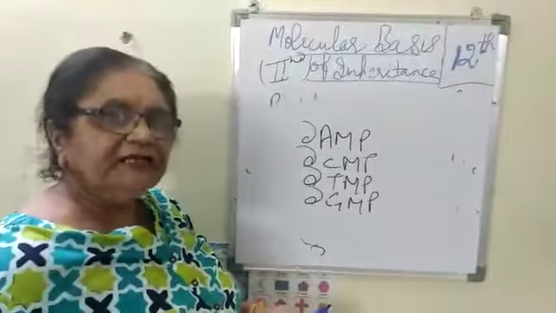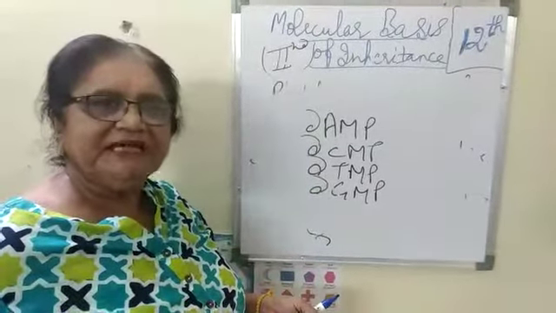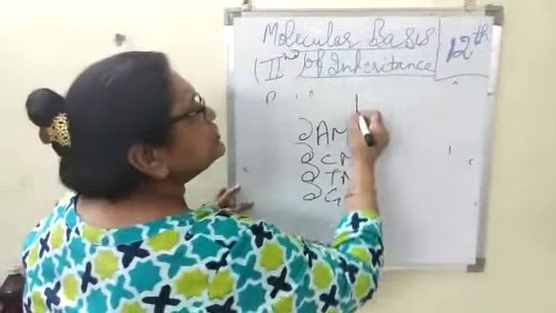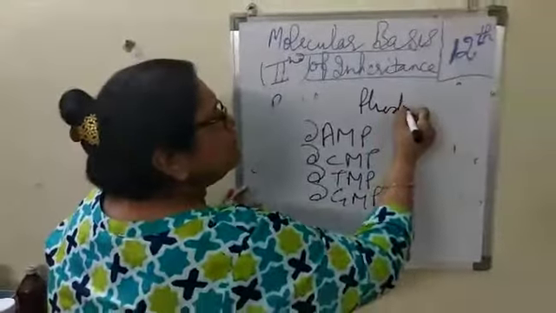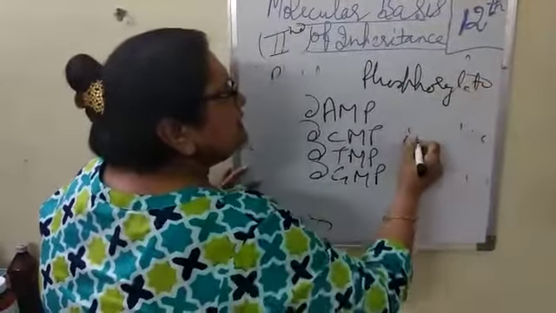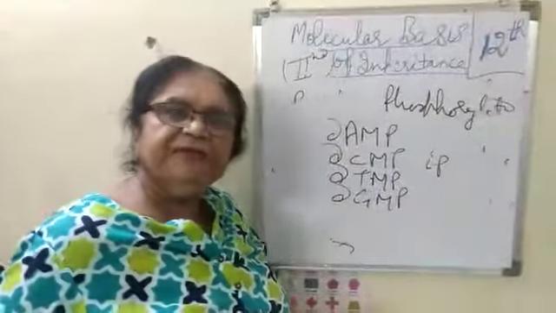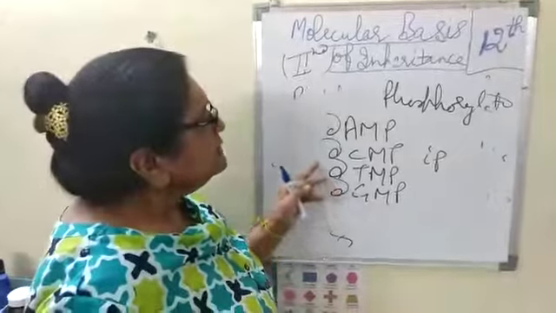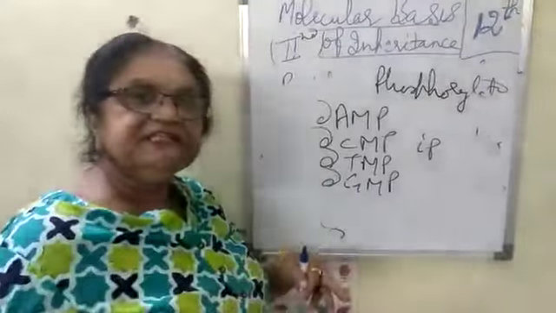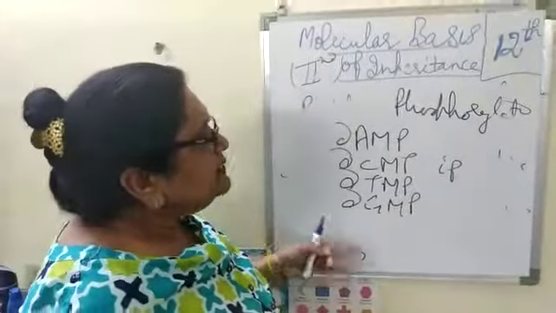So deoxyribonucleotides are present freely in the cytoplasm. That is the first step of replication. Then they are phosphorylated. Phosphorylated means they combine with inorganic phosphate. So AMP, GMP, TMP, CMP, the monophosphates, change into triphosphates: ATP, GTP, TTP, CTP.